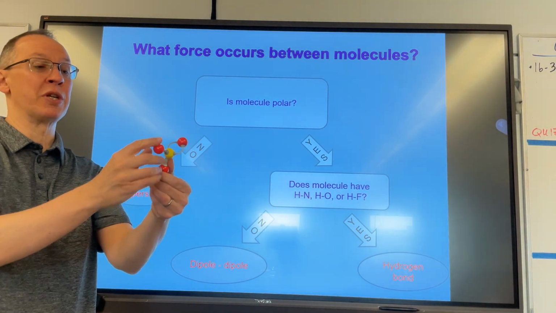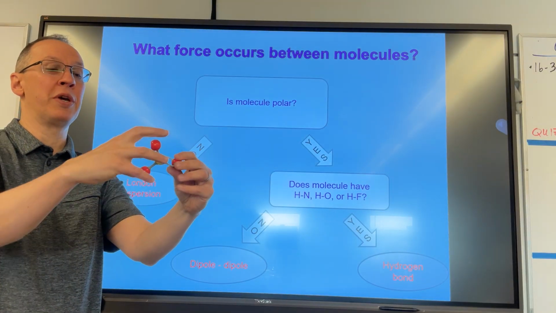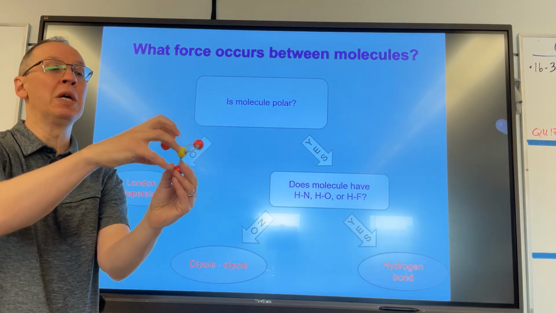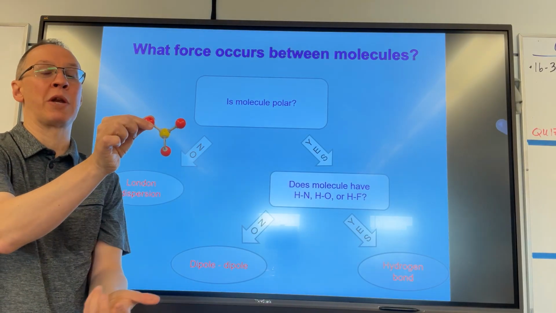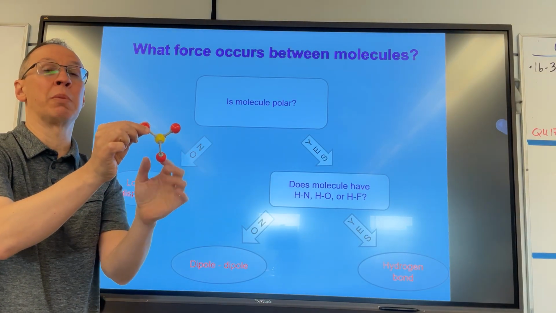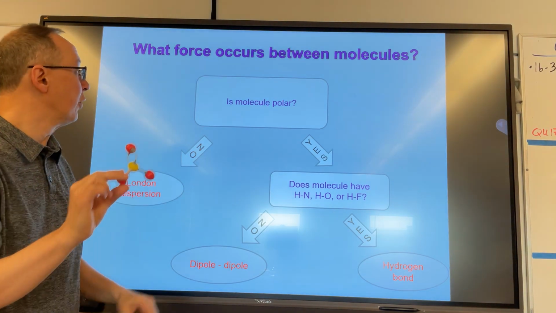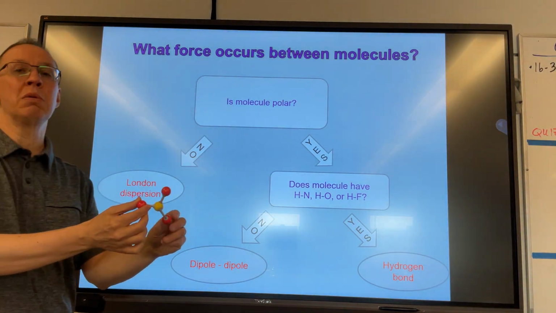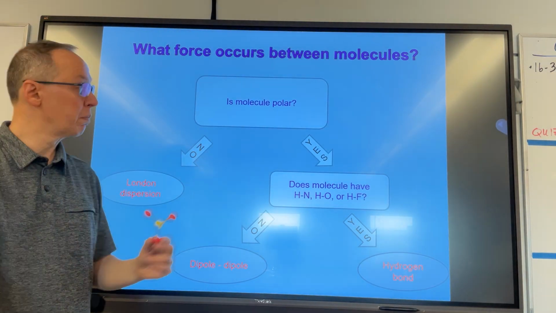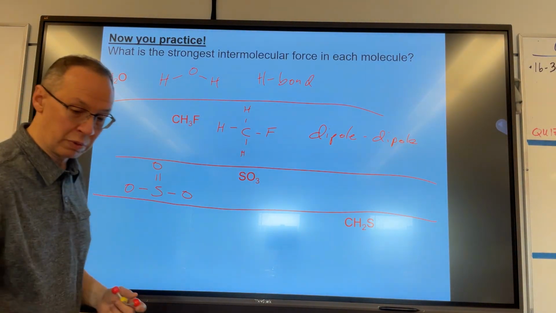The answer to that question is no, it's not polar. Every single side of this molecule is pulling equally for electrons, a very symmetrical molecule as far as the atoms are concerned. So is the molecule polar? No. So it has to be London dispersion. So we'll write that on there.